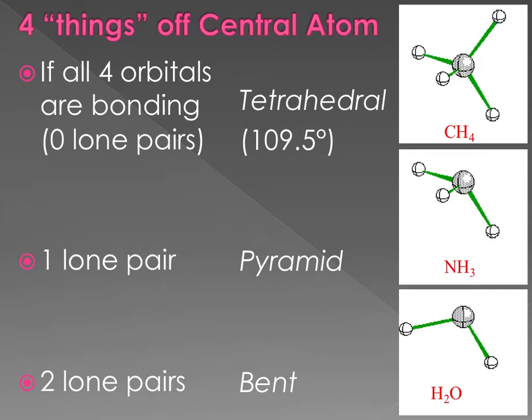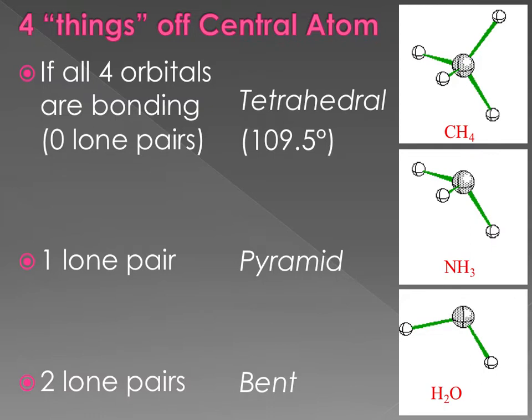If all four orbitals, because there are four spots that these electrons can take, we think of it as above the central atom, below, and to the left and right of it, but that only goes for those structural drawings. But if there are four things coming off the central atom, there are no lone pairs, zero lone pairs.